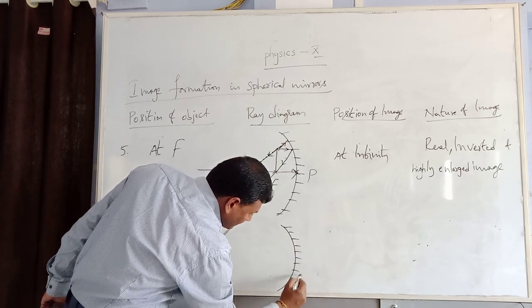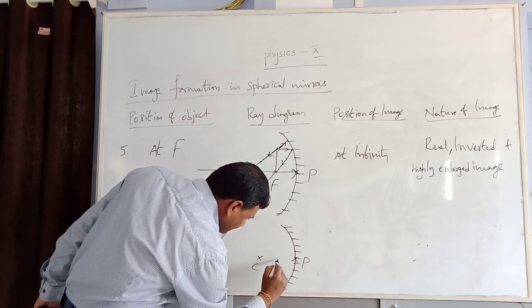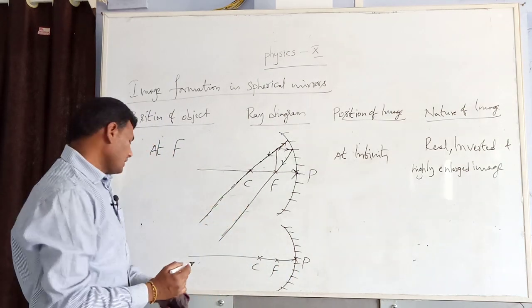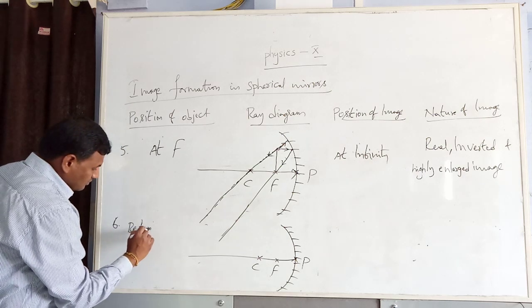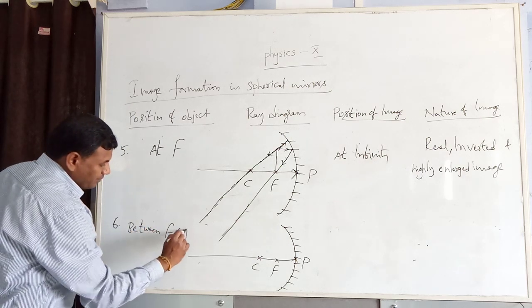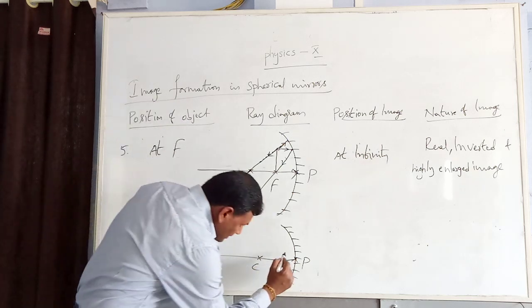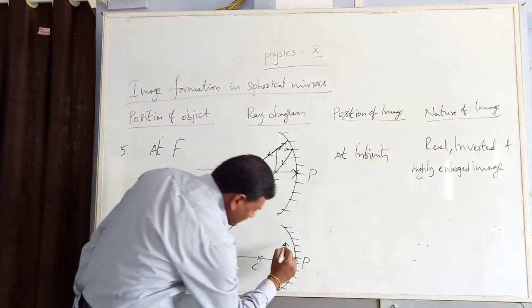And this is the pole, center of curvature, principal focus. So between F and P, that is principal focus and pole, let this be the size of the object.